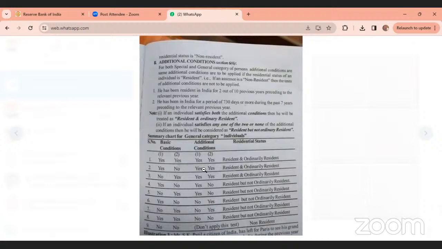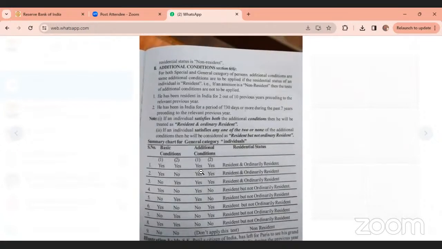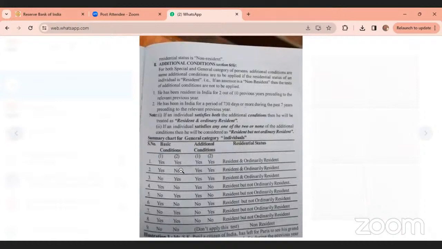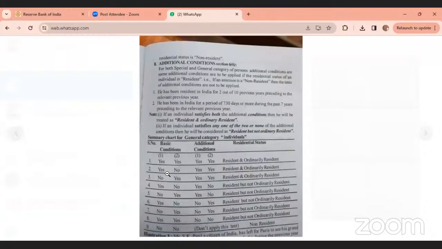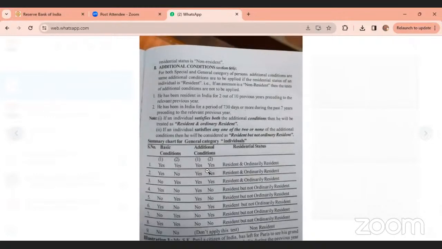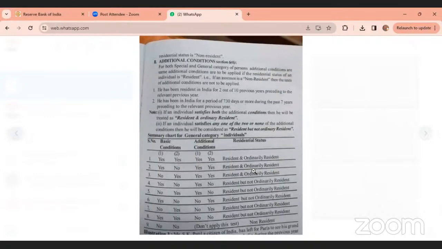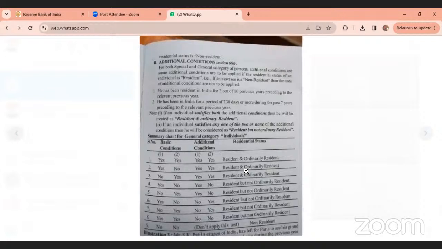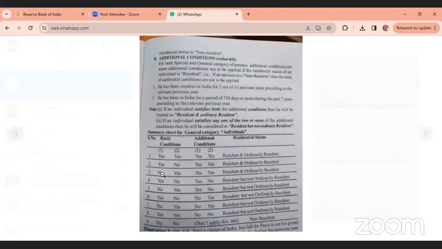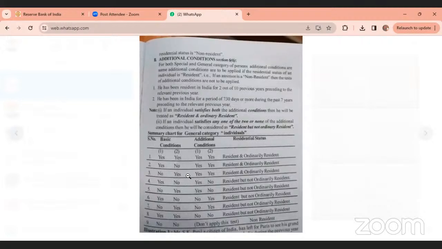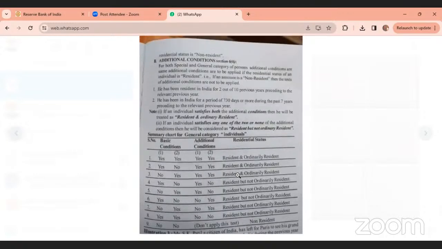And again you see the additional conditions column, S and S also. So that means what? Both the additional conditions satisfied. That means here second point, if the person satisfies any one basic condition and also fulfills the additional conditions, that person is called resident and ordinary resident. Next, here also, first basic condition, second basic condition. First basic condition is not satisfied, second basic condition is satisfied, again both the additional conditions are satisfied.